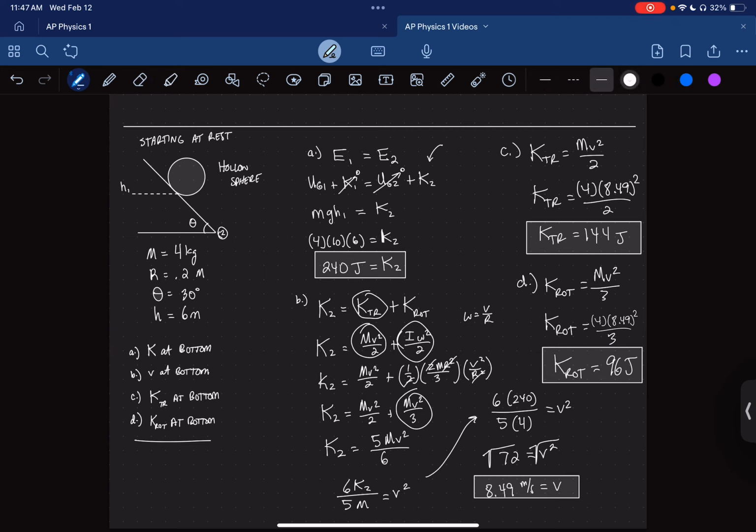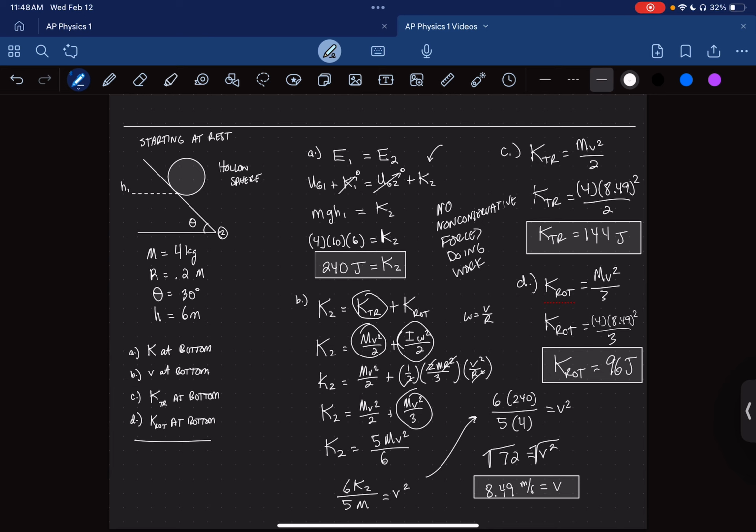Now, if you look at this conservation of mechanical energy, you might remember that we said that this is true only if there are no non-conservative forces doing work. The obvious non-conservative force we're speaking of here is friction.